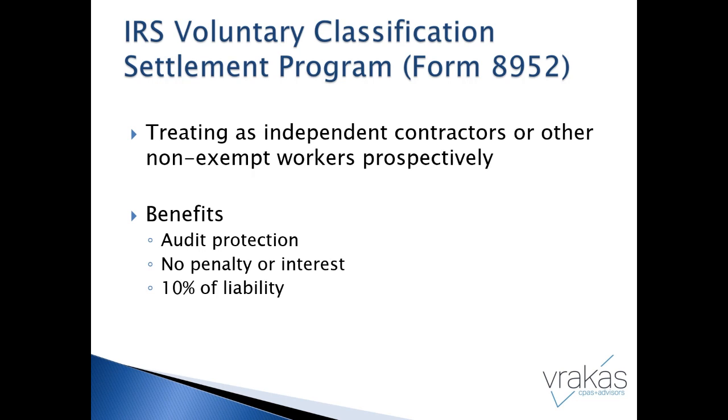So you've treated a set of people, contractors, as independent contractors, and they should be employees. You decide that, you complete the form 8952, you tell the IRS 60 days before you want to then classify them as employees.